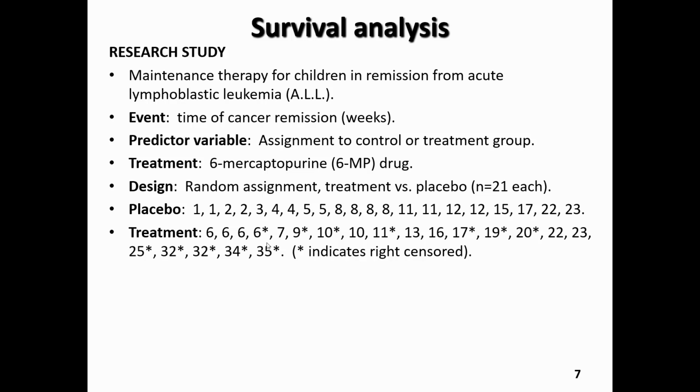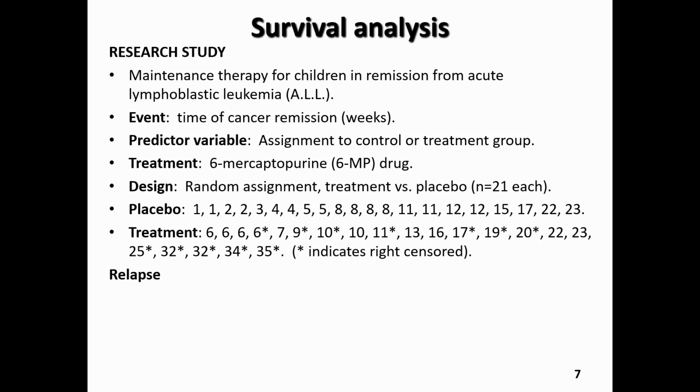You can see here on the low end, this particular patient that was in remission for 6 weeks but is right-censored, this would represent a patient that was entered into the study quite late in the study window. So this patient was entered 6 weeks before the end of the data collection period, and remained in remission after the closure of that study.